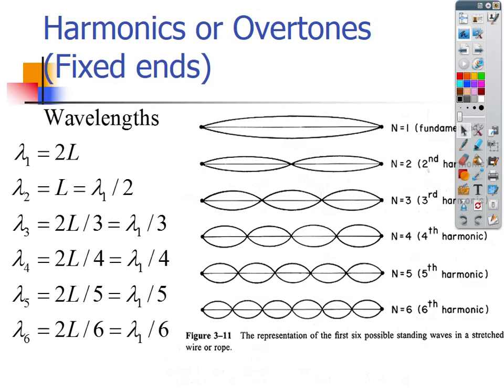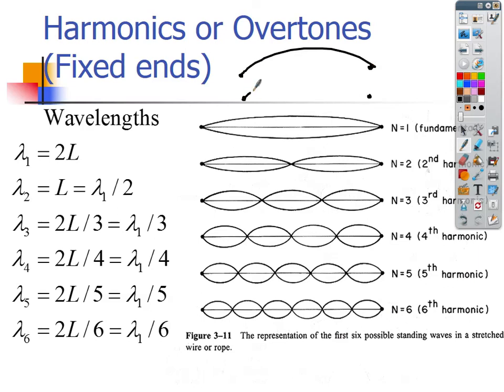So, the one that people find generally the easiest is the fixed end example. And what you see here is I have basically the first 6 harmonic frequencies for fixed ends. The way these are drawn is I go, what's the easiest way to connect these two dots, since it has to be node, node? Well, the easiest way would be just creating that type of a shape. What would be the next?